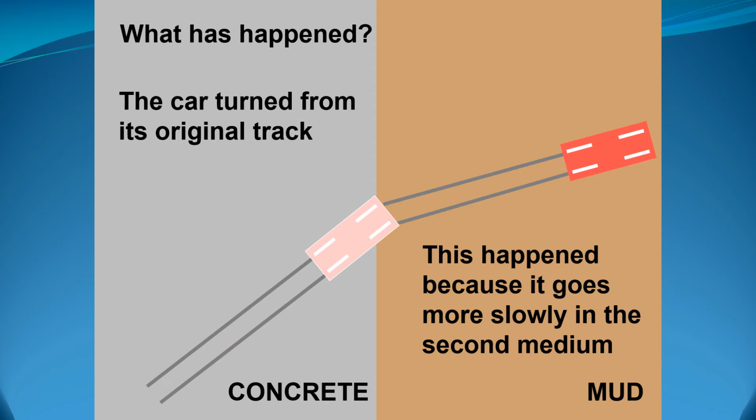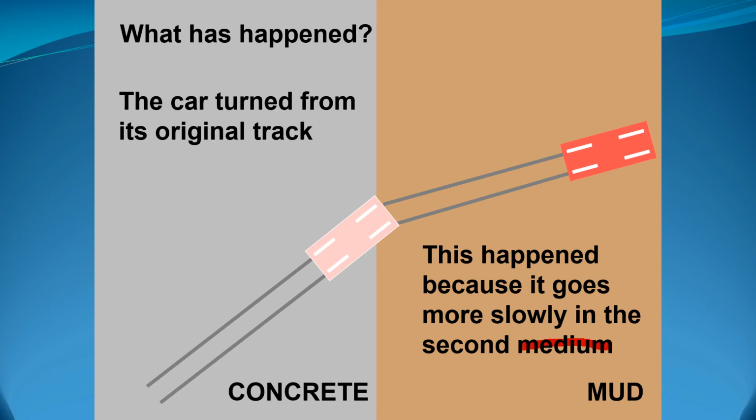It's changed from its original position. And this happened because it's now going more slowly in the second medium. Now this word here, medium, we use that to just describe materials. That's what that means here. So it's going more slowly in the second material.